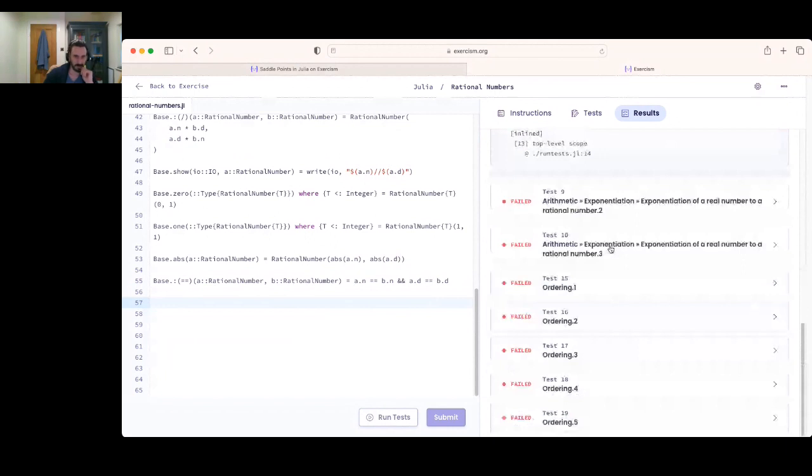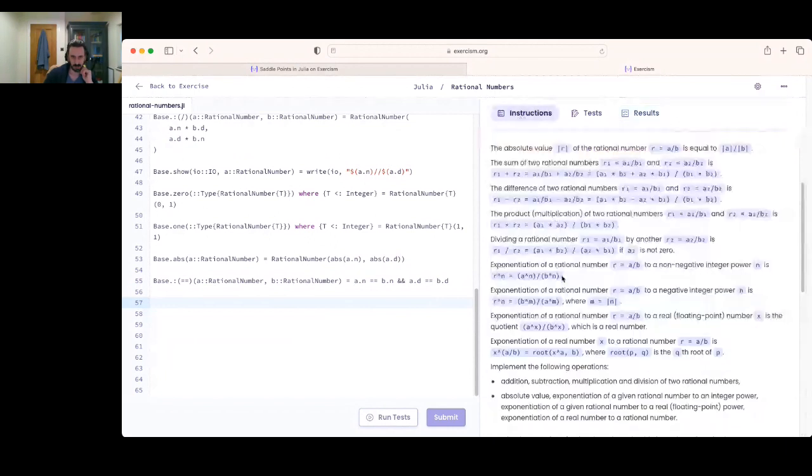So let's have a look. Exponentiation. I know that's not the word. It looks like we need to do, to a real floating point number x, the quotient a to the x over b to the x, which is a real number. What?